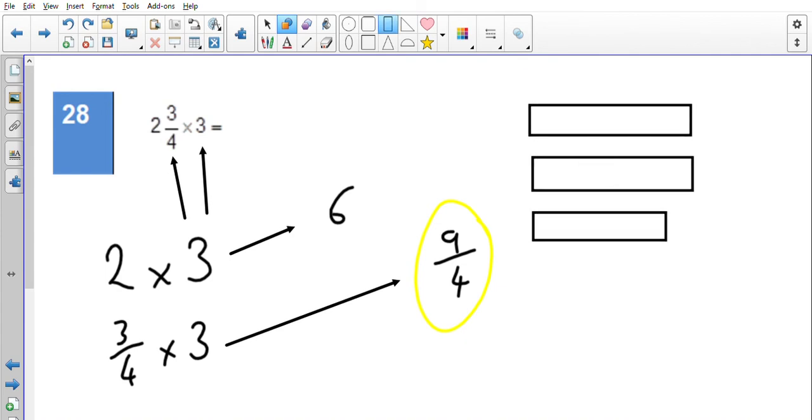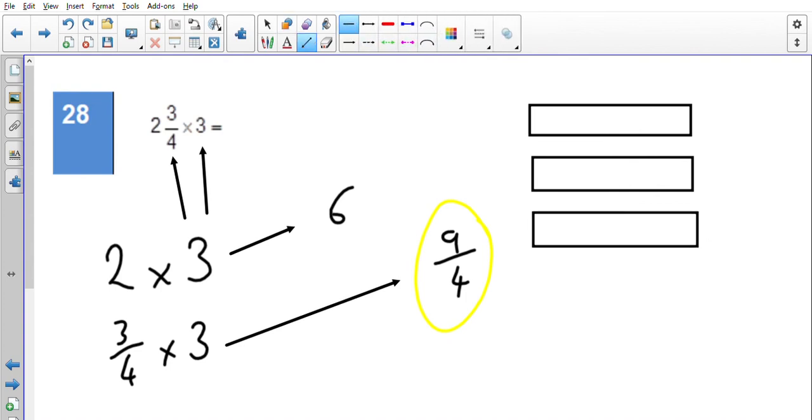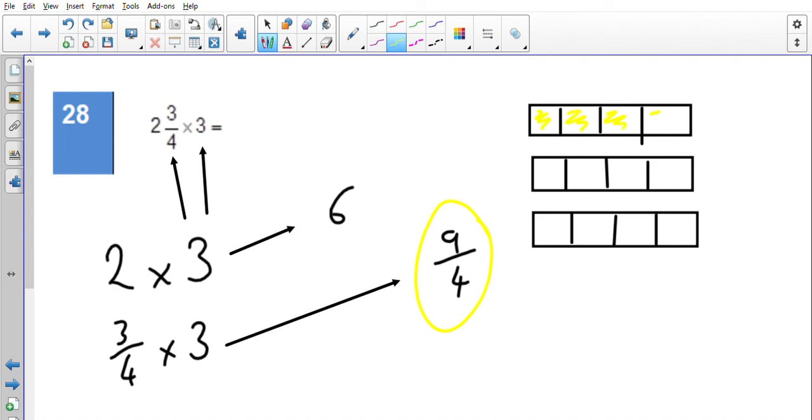So if we imagined it like this, and I had a shape here, or I had bars here representing my wholes, and I split my wholes into quarters, in one whole I would have 4/4, but I've got 9/4. So in 2 wholes I would have 8/4, but I've got 9/4, so I need 1 more.